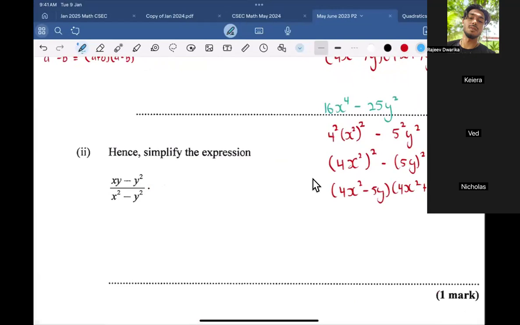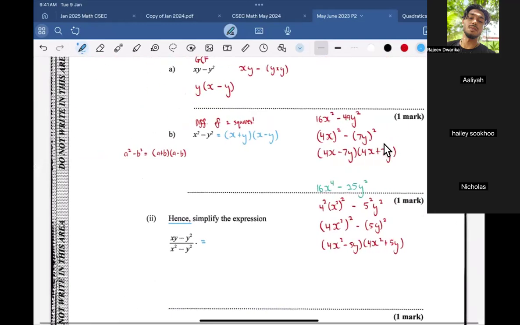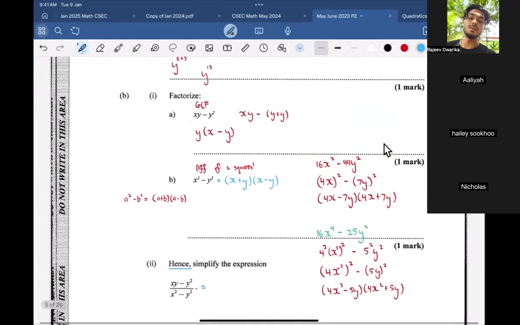So now they say, and hence simplify the expression. Guys, anytime I see the word hence, what are you thinking about? From the previous question. Yeah, from the previous question. So let's see, xy minus y squared, anywhere before?